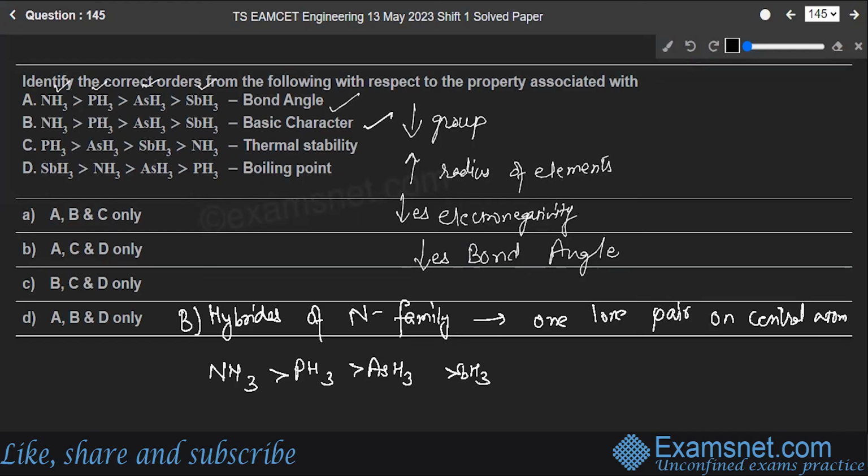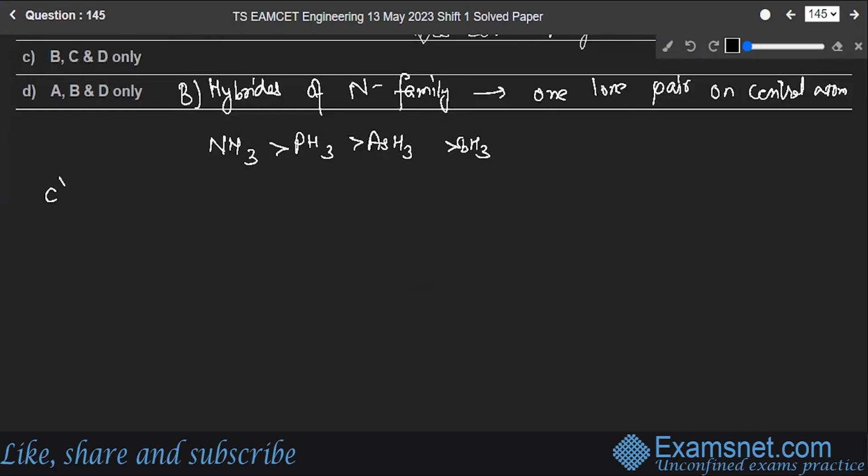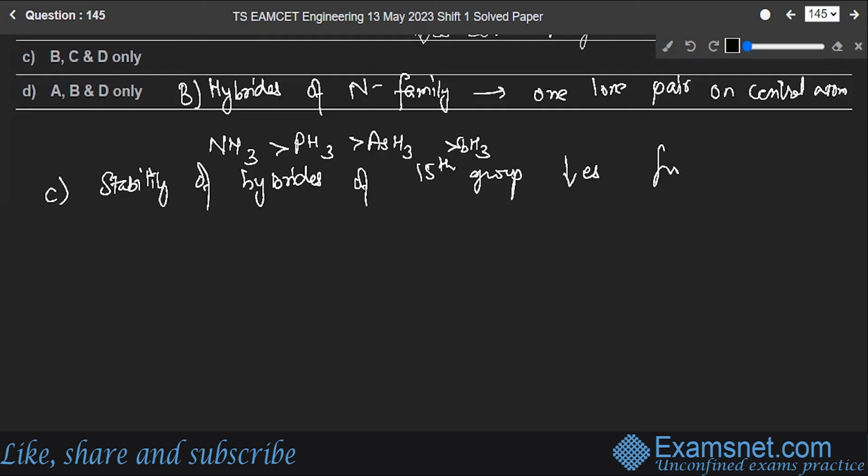Next, you have the thermal stability. See, this one seems to be incorrect because the stability of the hydrides of the 15th group decreases from NH3 to SbH3.